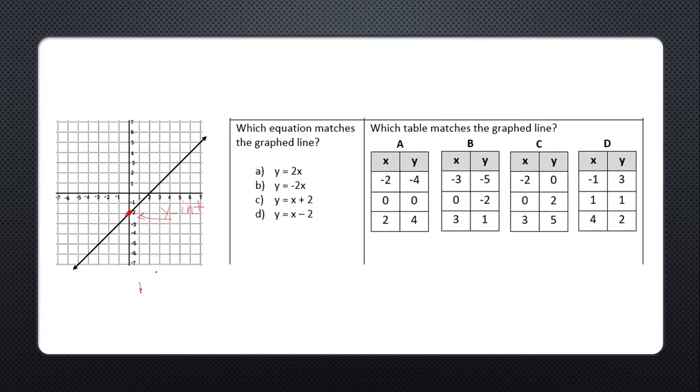So if we have our equation y equals mx plus b, what that means is the b has to equal negative 2. All right, so that would be this one right here. This is the only one that has a b of negative 2.